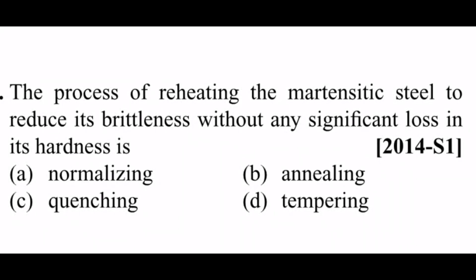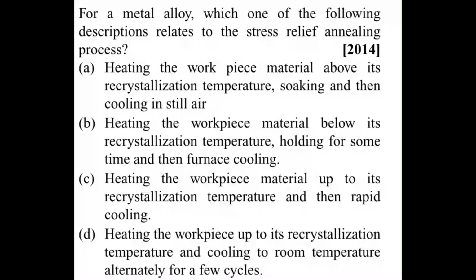The process of reheating the martensitic steel to reduce its brittleness without any significant loss in its hardness is tempering. For a metal alloy, which one of the following descriptions relates to the stress relief annealing process? Heating the workpiece material below its recrystallization temperature, holding for some time and then furnace cooling.